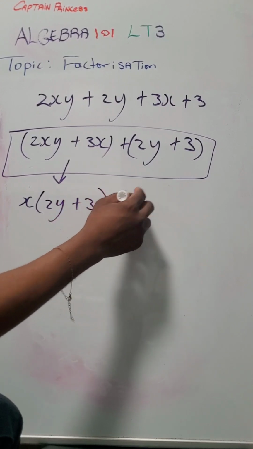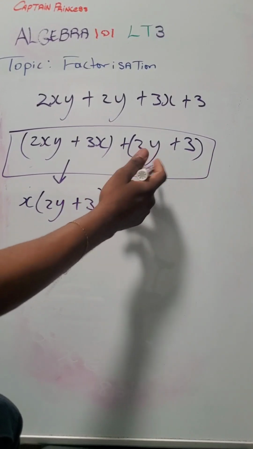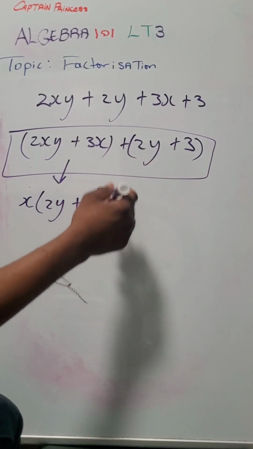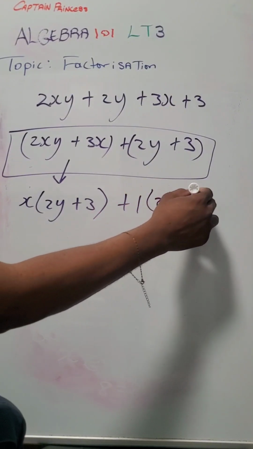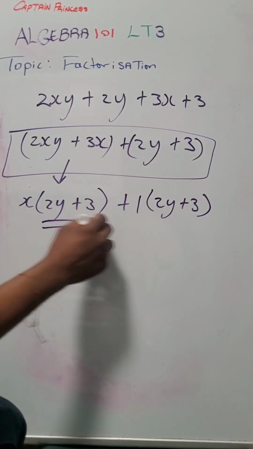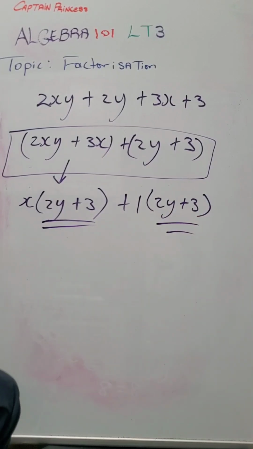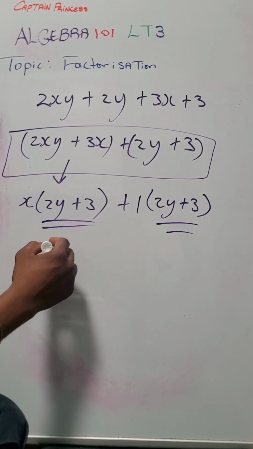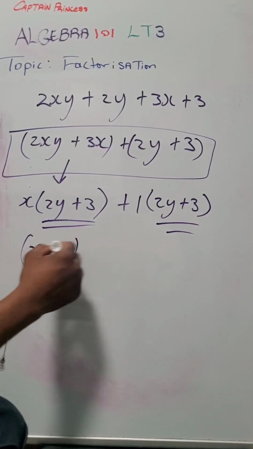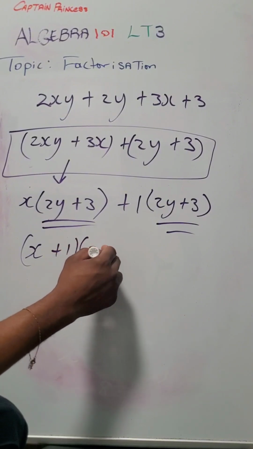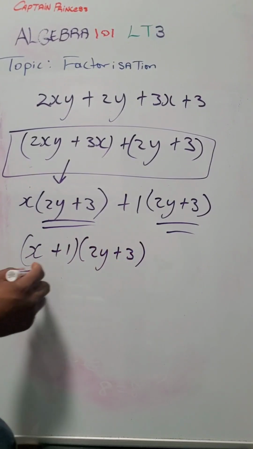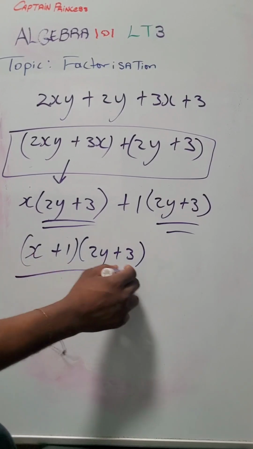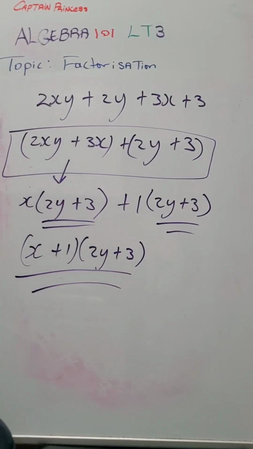And if we write the common factor for the other two on the outside, we will have 1, times 2y plus 3. Now look at this: both brackets are the same, so we place x plus 1 in one bracket, and we write back only one of the like brackets. So this would be the factorization for that expression.